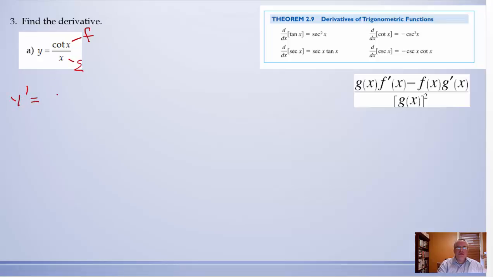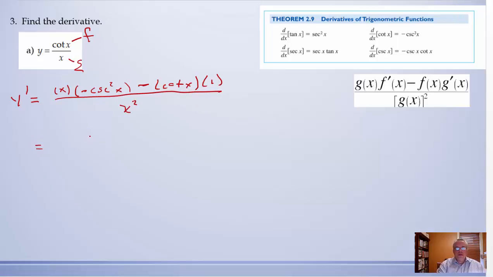Y prime equals, we got all this in the numerator, g of x, that's x, times f prime of x, the derivative of cotangent, according to the table, is minus cosecant squared of x, minus f of x, cotangent, times g prime, the derivative of x is 1, all divided by g squared, which would be x squared.